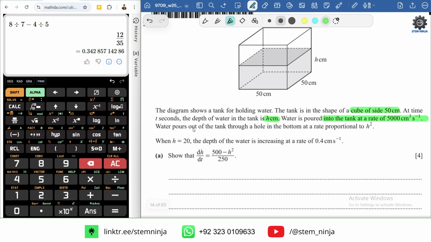Water pours out of the tank through a hole at the bottom at a rate proportional to h squared. When h is equal to 20, the depth of the water is increasing at the rate of 0.4 centimeter per second.